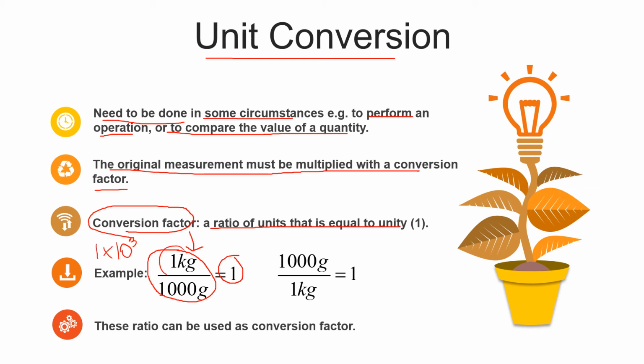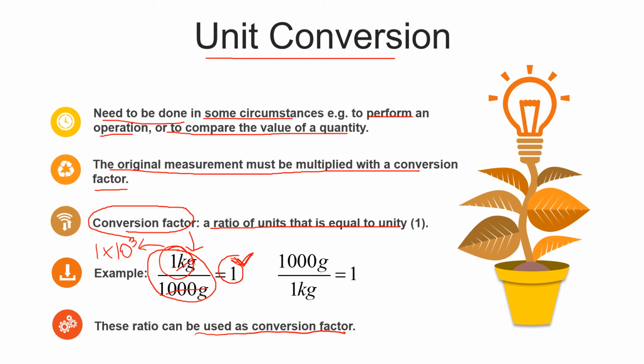And then 1000 gram pula. Kan? 10 power of 3 ni adalah 1000 gram. So bila kita cancel out ini dengan ini, kita akan dapat nilai dia adalah 1. So bila nilai ni 1, ini dipanggil sebagai conversion factor. Okay, this ratio basically can use as a conversion factor. Okay, ini adalah kaedah yang digunakan untuk awak convert unit.